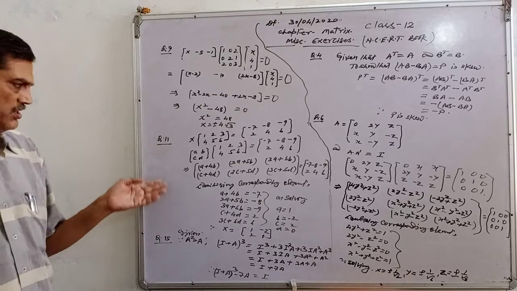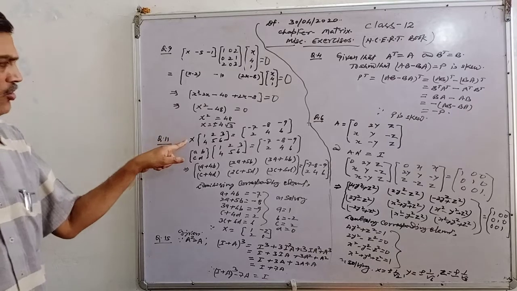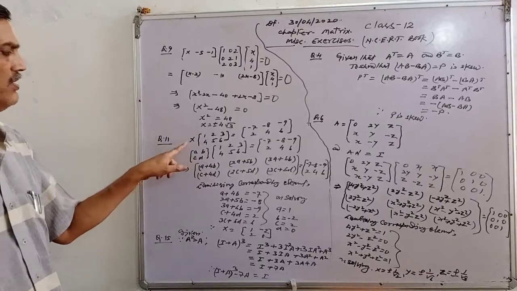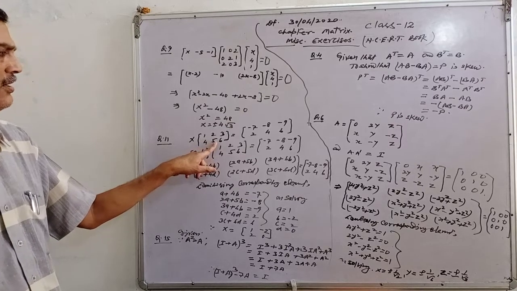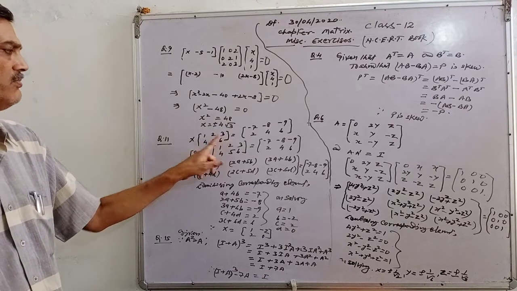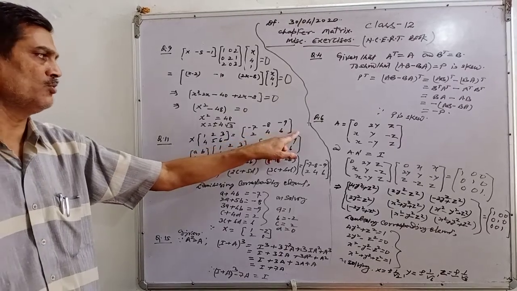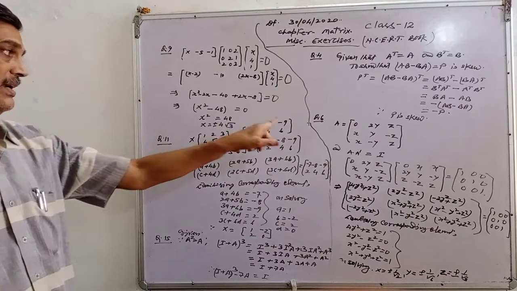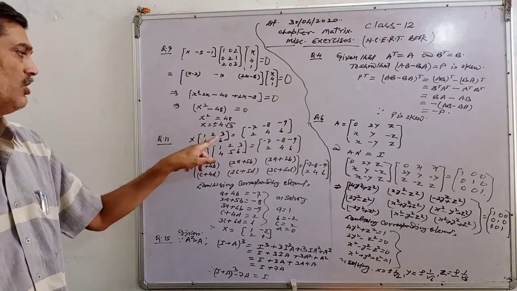Now in the next question, question number 11. X is unknown here. We have to find the value of this matrix x multiplying by this. This is a 2 into 3 order matrix, 2 rows, 3 columns, and after multiplying you will get a matrix whose order is 2 into 3. So the order of the obtained matrix is rows of x and columns of this.